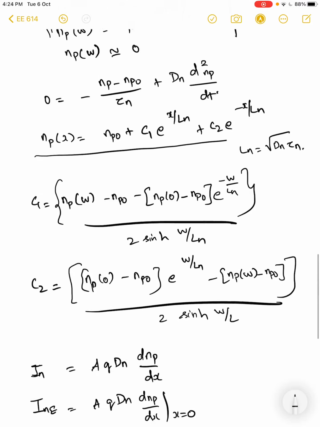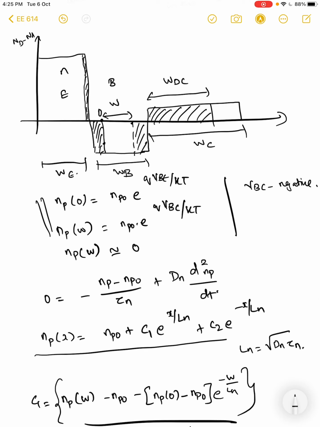So what we mean is, you have electrons which are injected from the emitter side, right, and you have a portion of the current which is INE here. I'm just looking at the number of electrons, right?